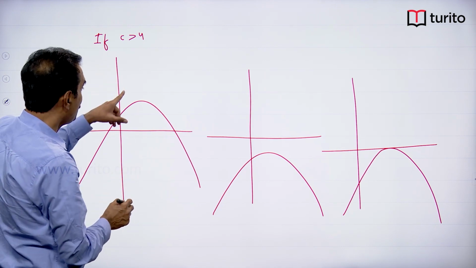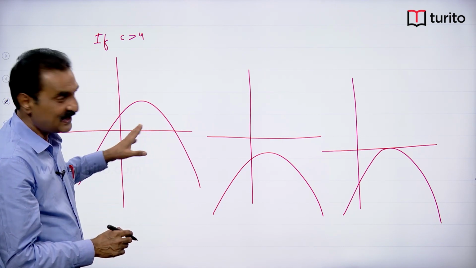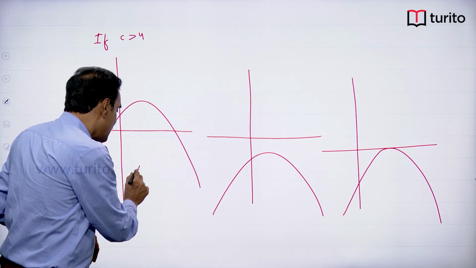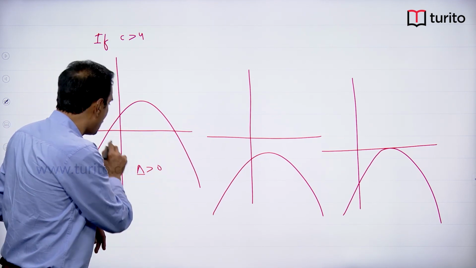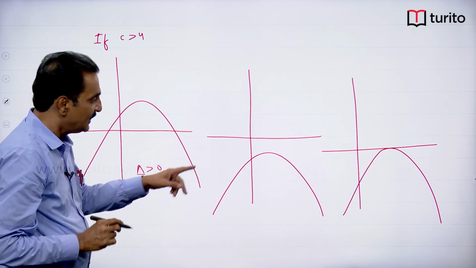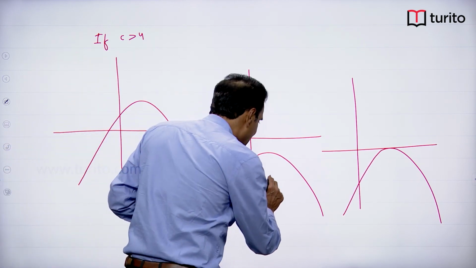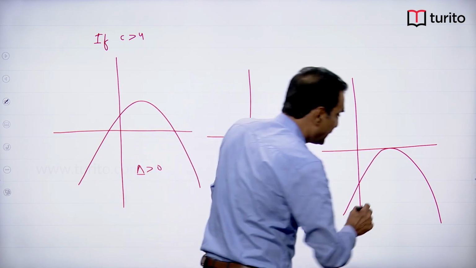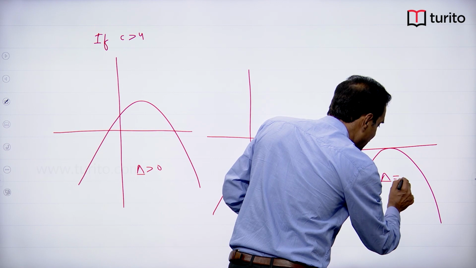If c is greater than 4, the coefficient of x square is negative, so the graph is a downward parabola. In this case, the discriminant is positive because the graph intersects the x-axis. In this case, the discriminant is negative. In this case, the discriminant delta is equal to 0.